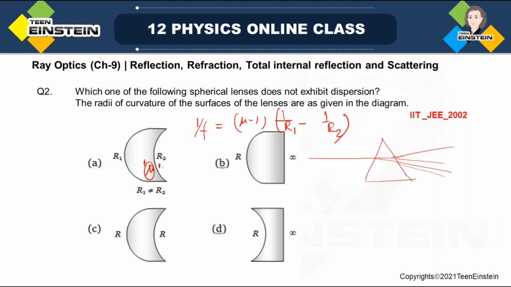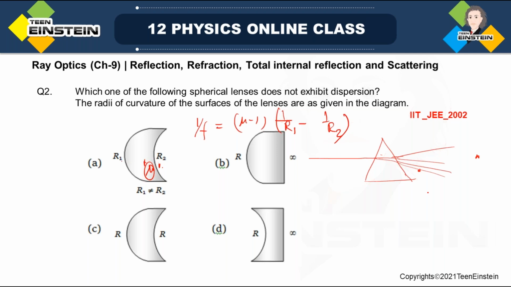You might be surprised why we need the focal length with radius of curvature. If the focal length is less, then bending will be more. If the focal length is more, then bending will be less.